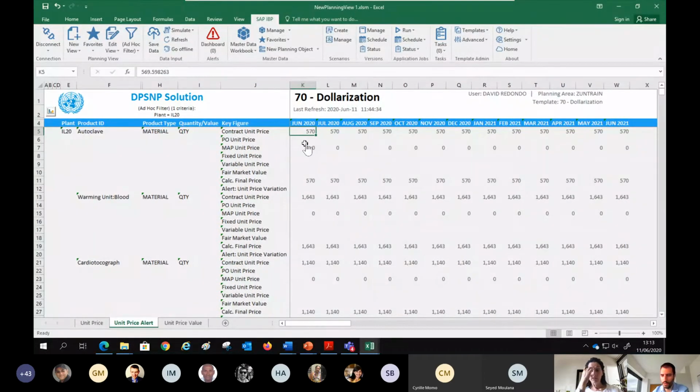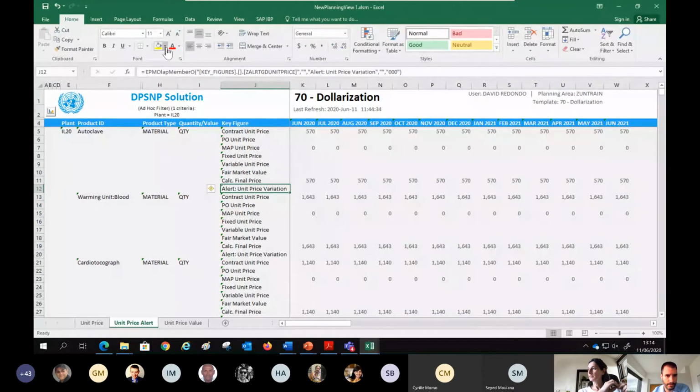So the system is comparing them all, and if there is a difference in price above a certain threshold, I think it was 20%, but maybe Casper can confirm, the system will show an alert here. This second tab contains basically the same attributes and key figures as the first tab, and an extra one, called alert unit price variation.